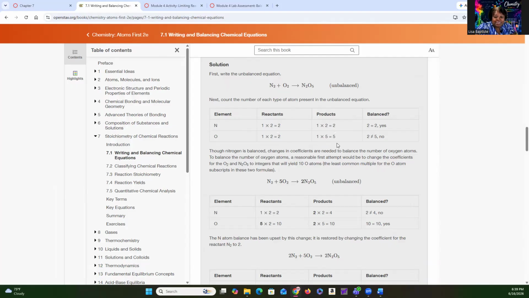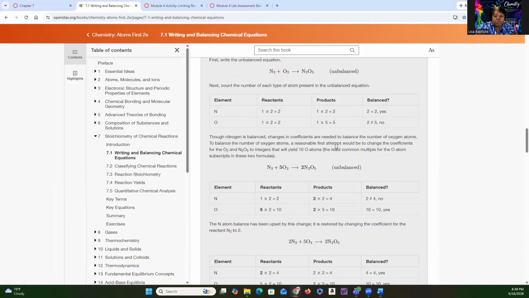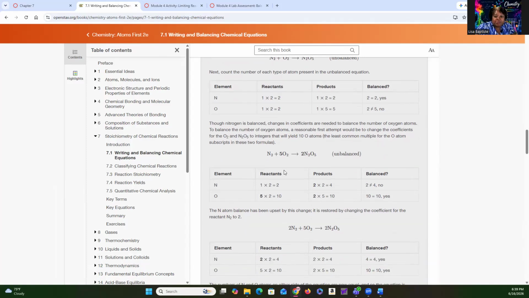And 10 is our least common multiple between those 2 numbers. And so to get 10 on the reactant side, we're going to put a coefficient of 5. So 5 times 2 is going to give us 10. On the product side, we're going to put a 2. So 2 times 5 is going to be 10.